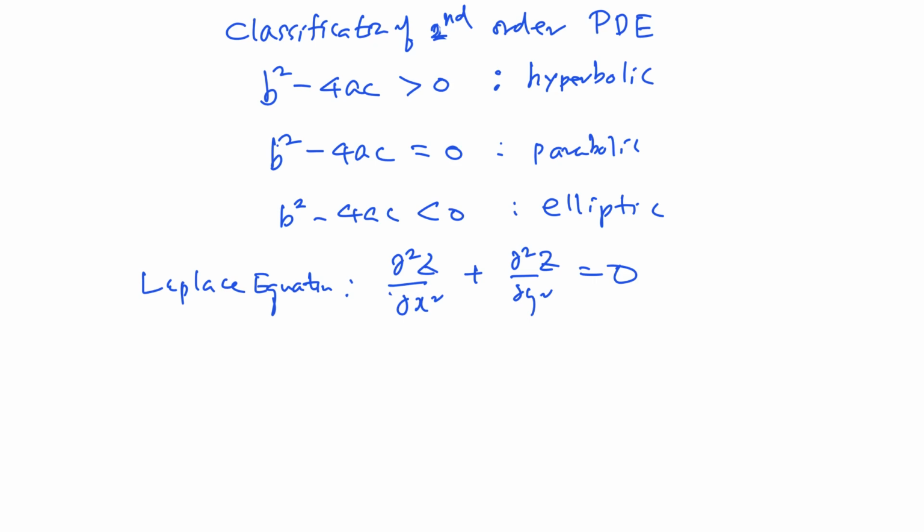So for this example, a is equal to 1, b is equal to 0, c is equal to 1, right? So b squared minus 4ac is minus 4, less than 0, right? So the Laplace equation is called an elliptic equation.